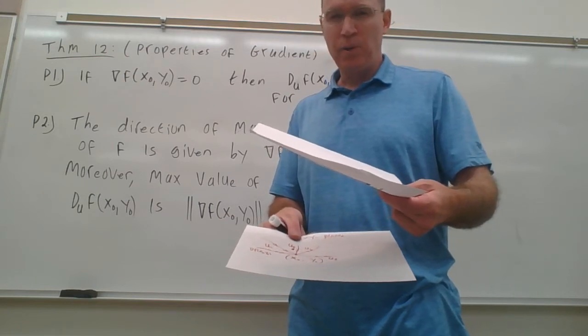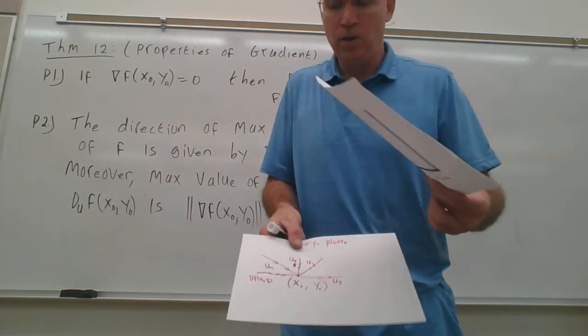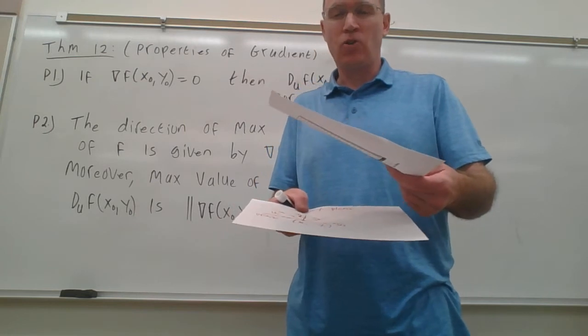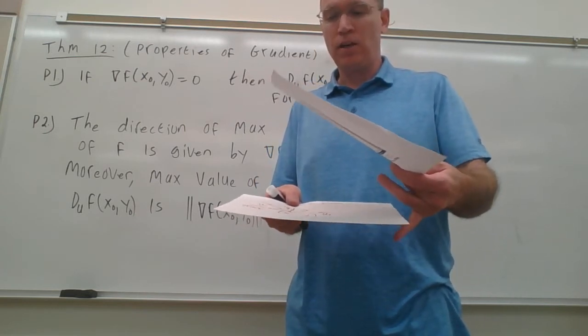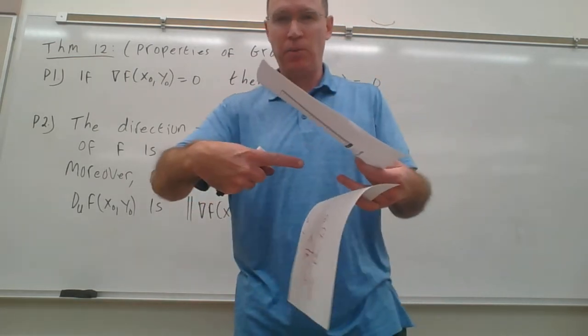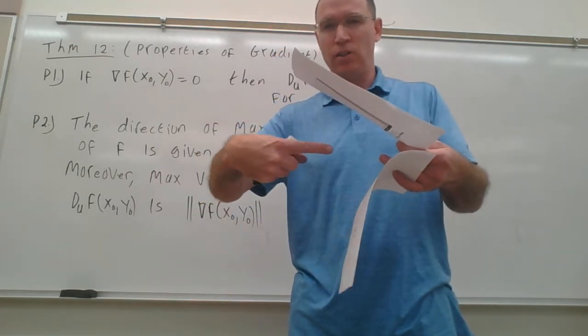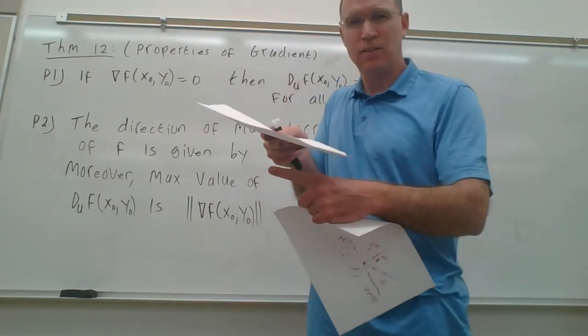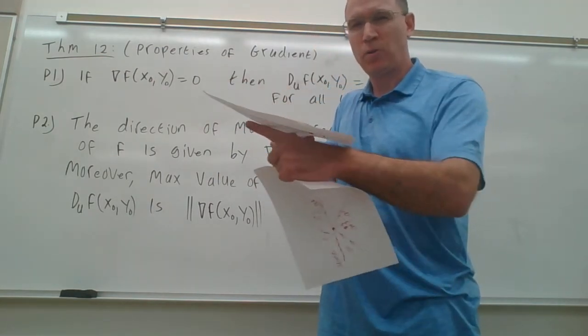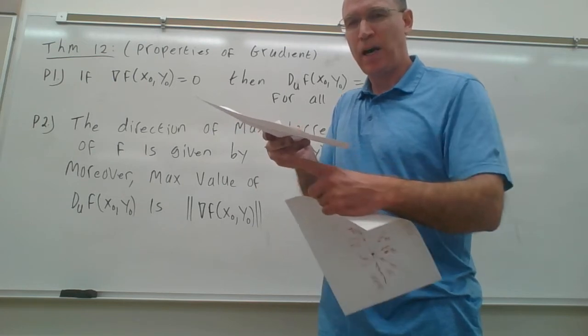So coming into a point x0, y0, which direction would we increase on the surface the quickest? So you can see here, say here's the xy plane. If I come in that direction there, I'd be going up on the surface the quickest. So that'd be a max increase.